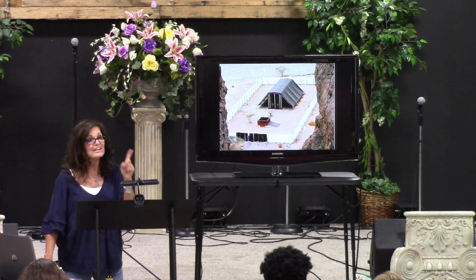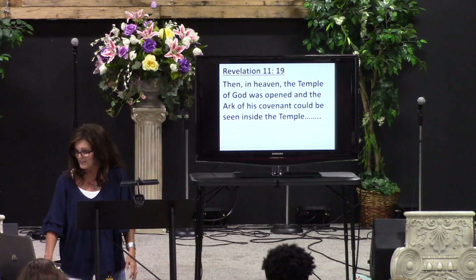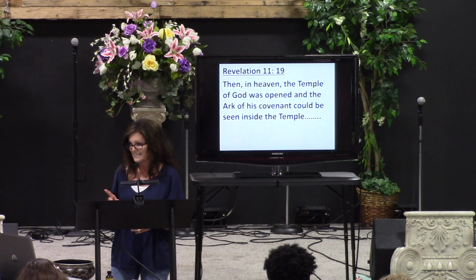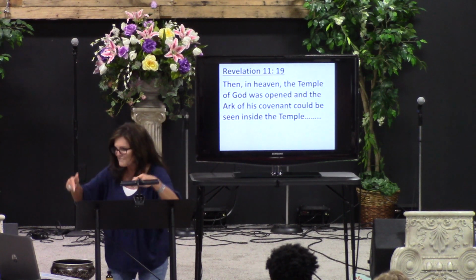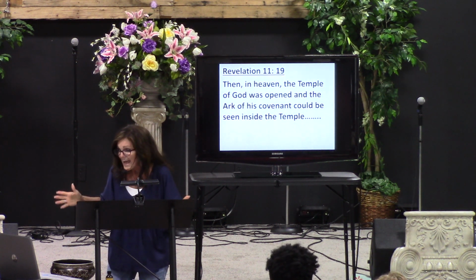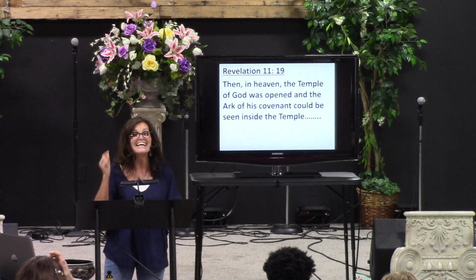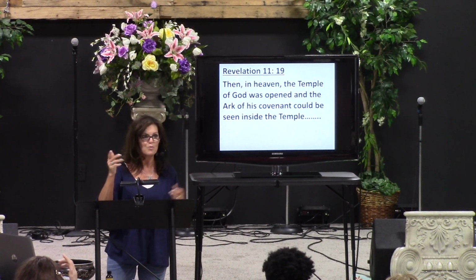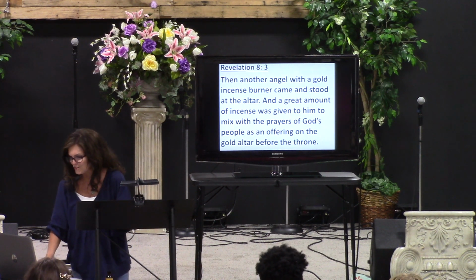In Revelation, which we know is the end, right? Revelation chapter 11, verse 19, it says, then in heaven, everybody say in heaven. In heaven, the temple of God was open, and the ark of his covenant could be seen inside the temple. What? All right. Chapter 8, verse 3.